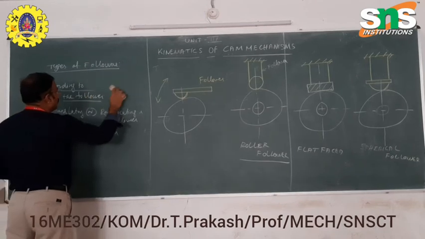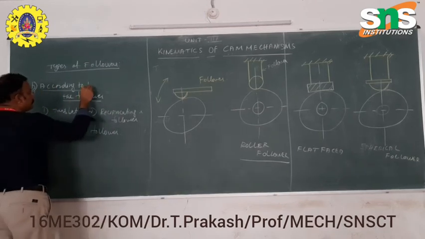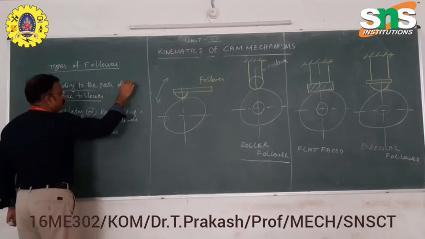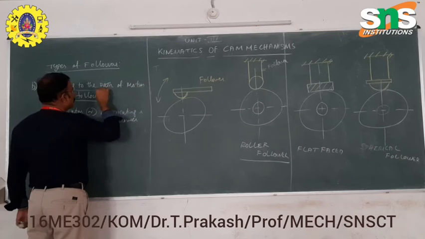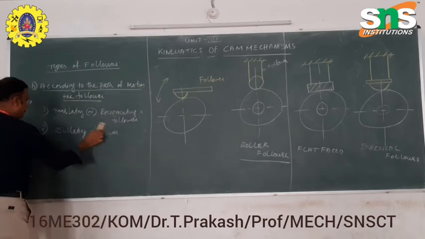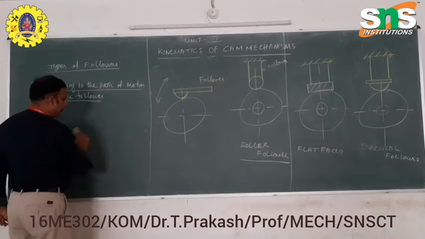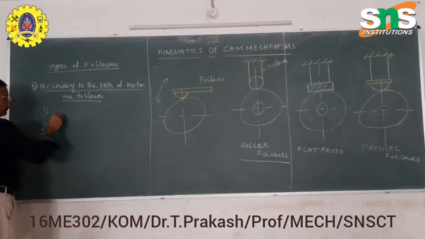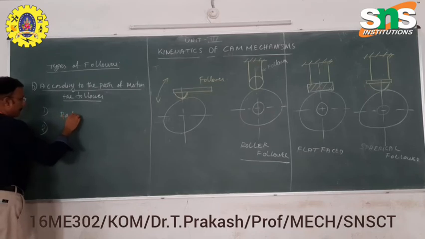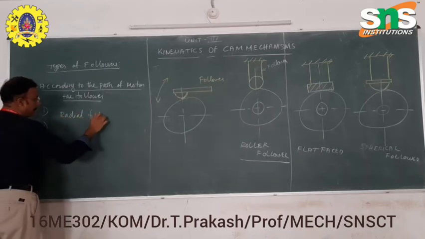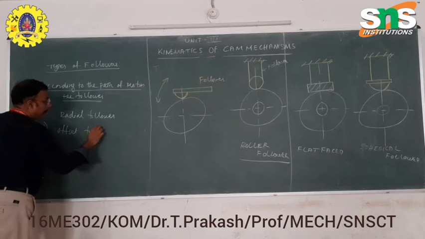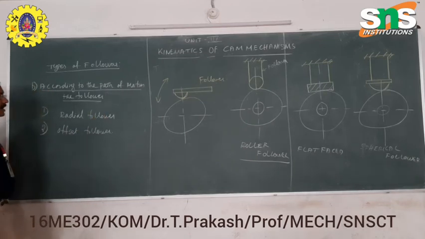Next, according to the path of the motion of the follower, we can classify according to the path: radial follower, then offset follower. What is the meaning of radial follower?